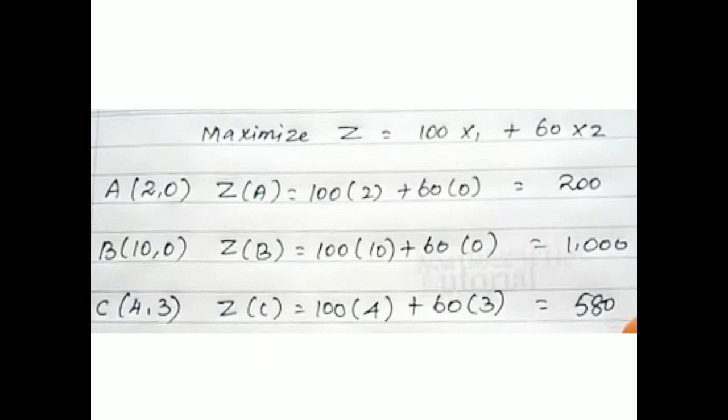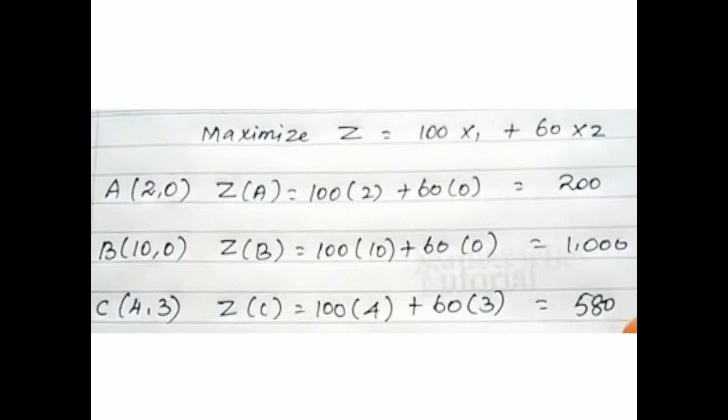Similarly for the rest of the corner points, I put the values of x1 and x2 in the objective function and find the value. For point B, after putting x1 equal to 10 and x2 equal to 0, I got the value of the objective function equal to 1000.